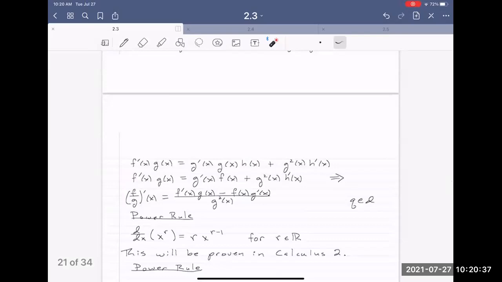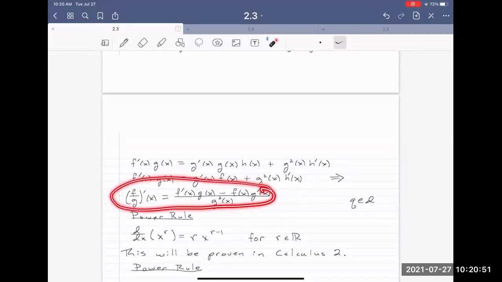Therefore, f divided by g, quantity prime, is f prime times g minus f times g prime, all divided by g squared. And that is what you wanted to prove. Any questions about that? So I just used the fact that I already had proven things about the product rule. And I use that to derive the quotient rule.